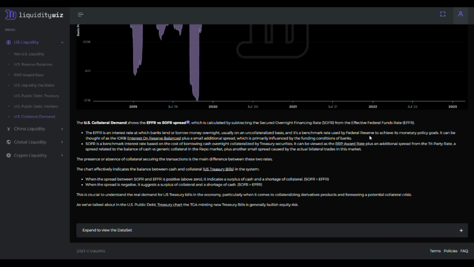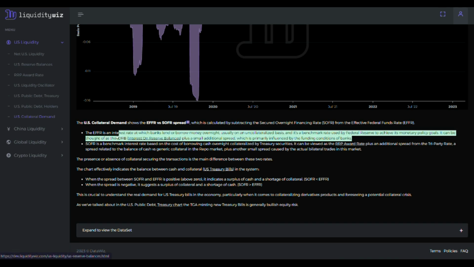The EFFR is an interest rate at which banks lend or borrow money overnight in between each other, usually on an under-collateralized basis, and it's the target rate for the Federal Reserve's monetary policy. It's basically the cost of money for a bank when the lender is another bank inside a federal funds market, which is precisely an interbank market for lending and borrowing cash overnight, typically to meet regulatory reserve requirements.